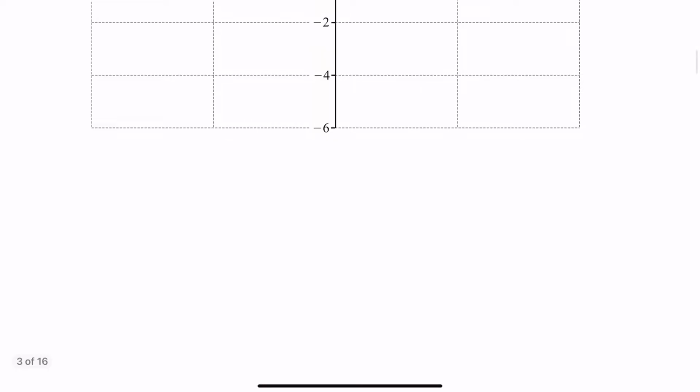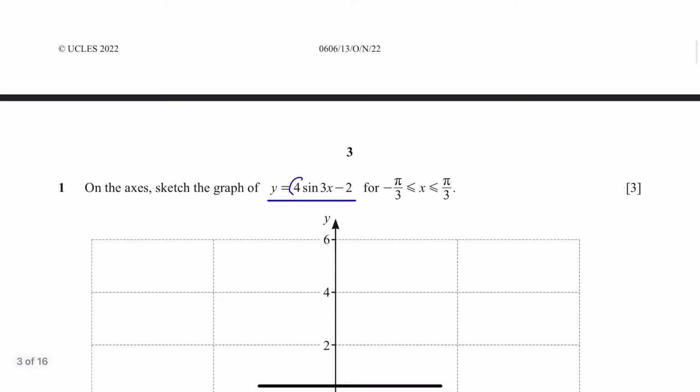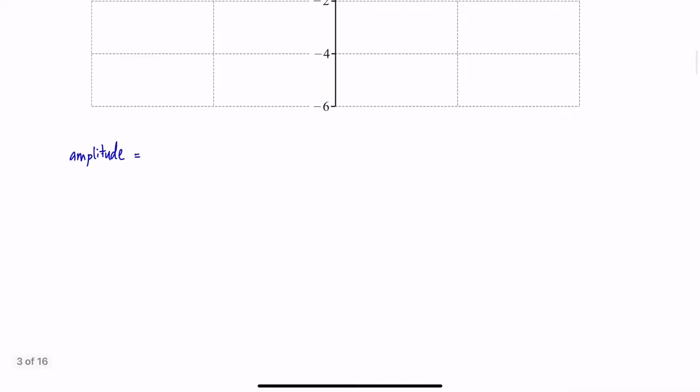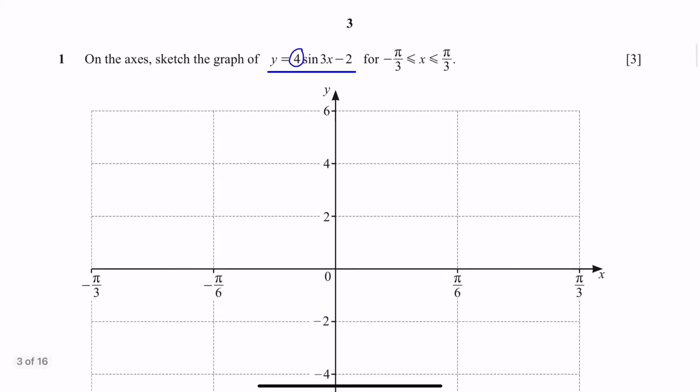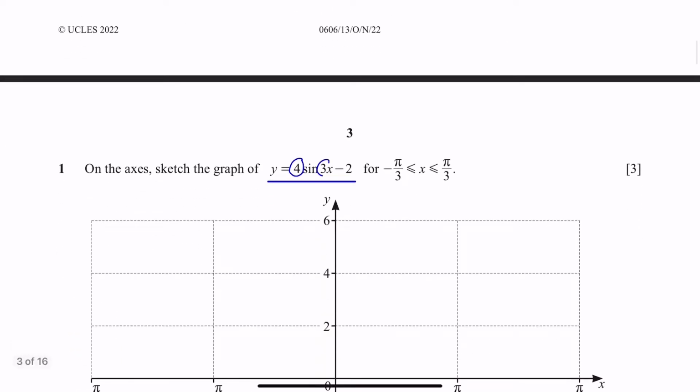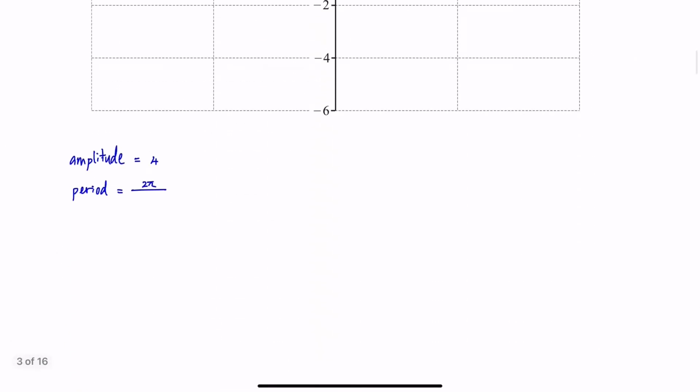So first thing, we need to find the amplitude. Amplitude can be given by this number here, which is 4. Second, we need to find the period, and period can be found by 2 pi over the number here, which is 3.